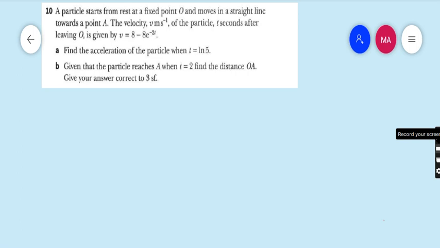Now plus, I am applying the modulus sign again. Why? What is the reason?